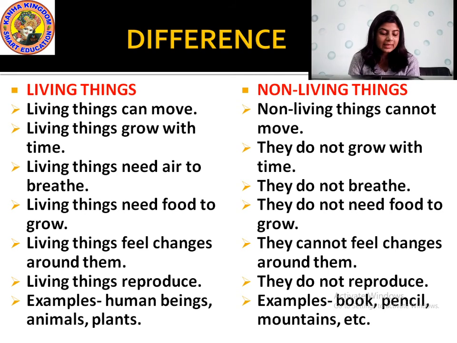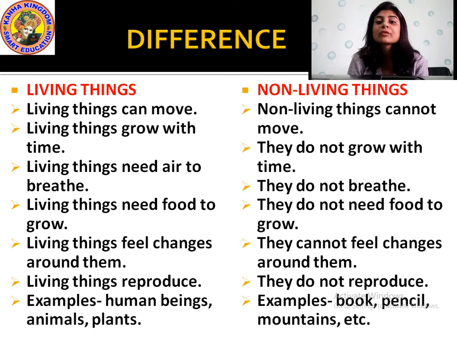Then point number 5 is, living things feel changes around them. All the living things can feel the changes around them. And how do they feel the changes? With the help of their sense organs. And non-living things do not feel changes around them, as they do not have any sense organs. Living things can reproduce.